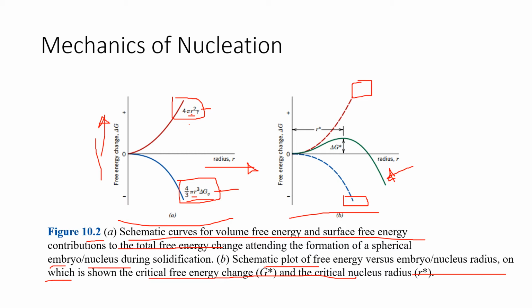In a physical sense, this means that as solid particles begin to form as atoms in the liquid cluster together, its free energy first increases. If we look from 0, free energy first increases until it reaches a critical radius r star. R star is the critical radius for which the maximum energy is required.